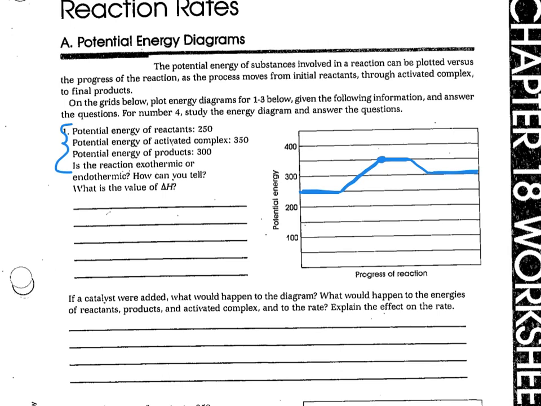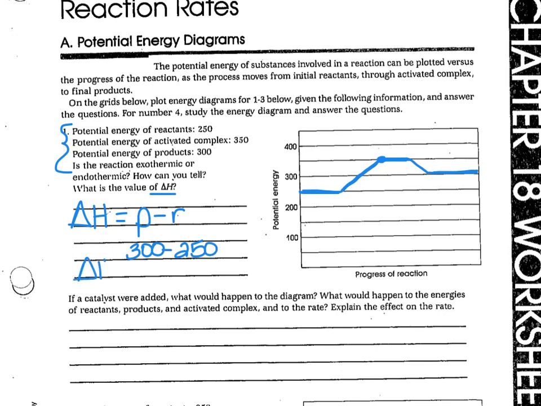Now, the first question it asks us is if this reaction is exothermic or endothermic. So if we think about our delta H, let's calculate that since it wants to know what the value of our delta H is. Remember, delta H is our products minus our reactants. Our products have an energy of 300 and our reactants had an energy of 250.